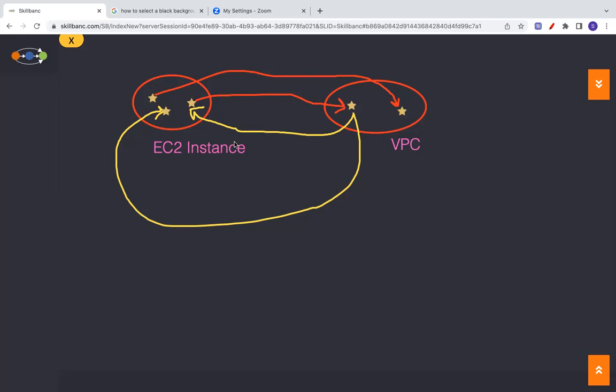If the lecturer or the text that you are reading somewhere says a VPC has many instances, you can represent that simply by drawing two arrows from the same VPC to two different EC2 instances. And each instance is part of only one VPC.